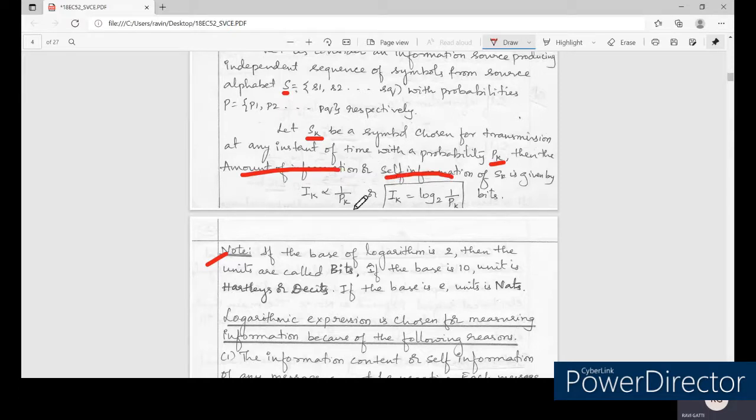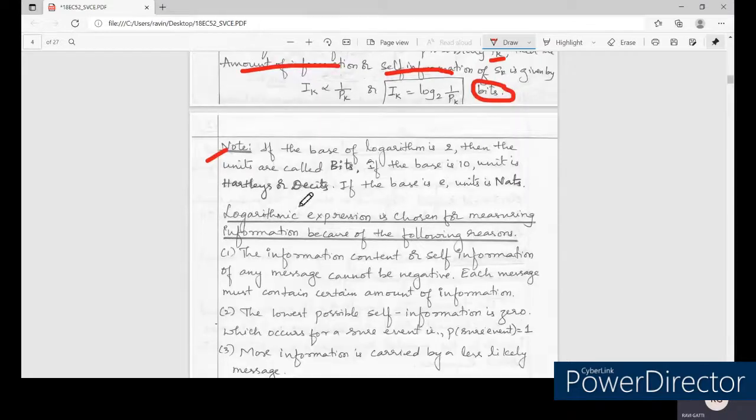So how am I going to represent it? That is nothing but Ik is equal to log of 1 divided by pk to the base 2. Why are we representing it in base 2? Because we want to represent information in the form of bits. So this we call self-information.